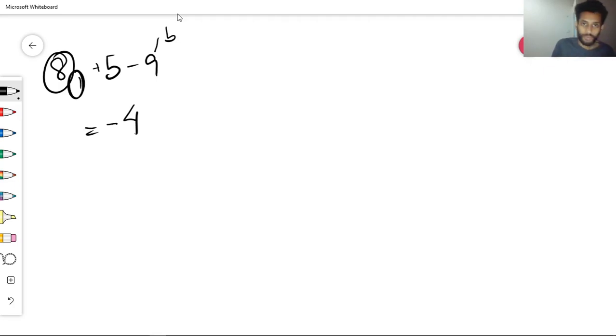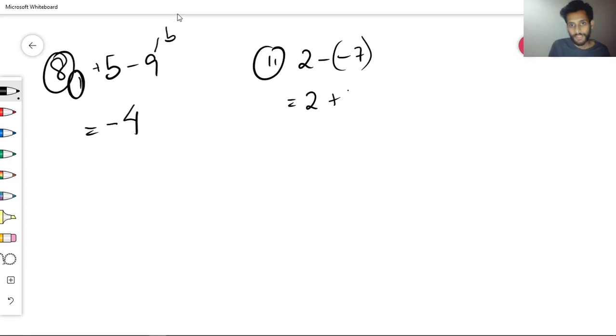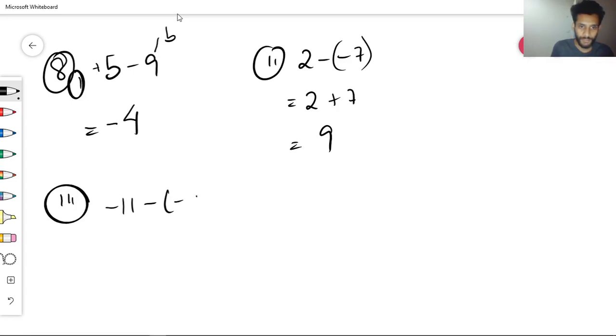Now 2 will be 2 minus 7. So here if we open the bracket, it will be 2 plus 7. So the result will be 9. Okay, and the third one is minus 11 minus 9.